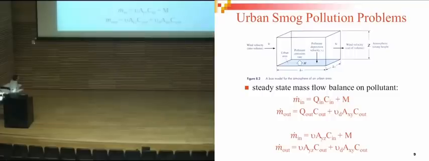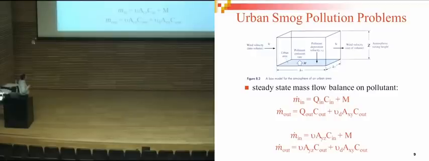Okay, so our next step is to look at the mass balance on the pollutant. So again, looking at this mass balance model, our flow in is going to be flow out, so we've settled that. So our mass going into our control volume is going to be the flow times the concentration coming in plus M, our mass emissions rate.